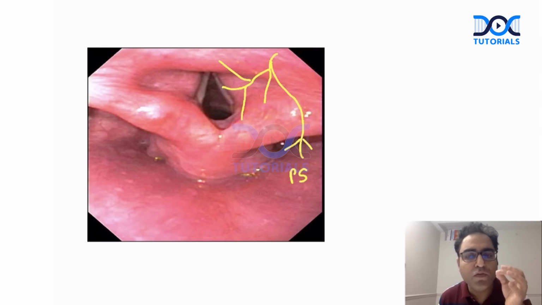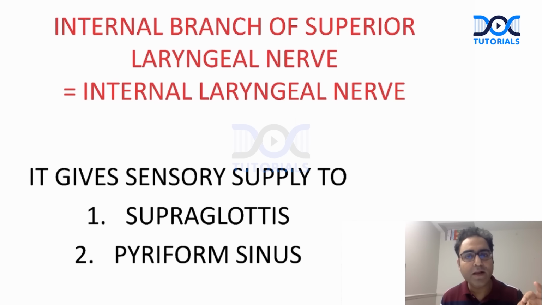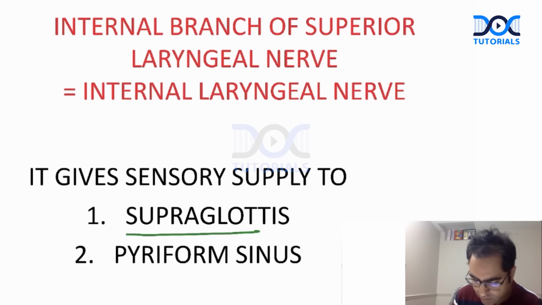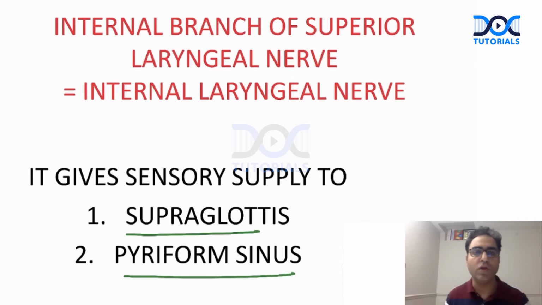So if they ever give you an MCQ that the anesthetist has placed a cotton soaked in xylocaine in the piriform sinus, which nerve is being blocked? Answer is internal laryngeal nerve block. Okay, fine. So I hope everybody is clear. The internal branch of superior laryngeal nerve gives sensory supply to two things: supraglottis and piriform sinus, and this is a very commonly asked clinical question of the paper.